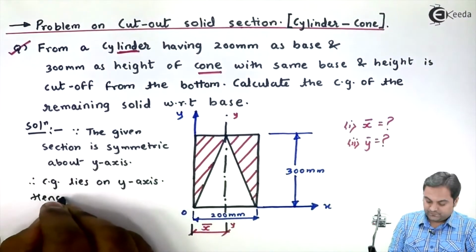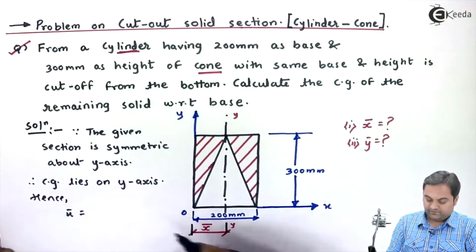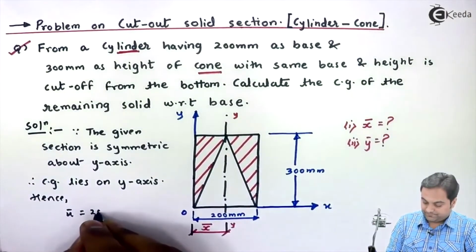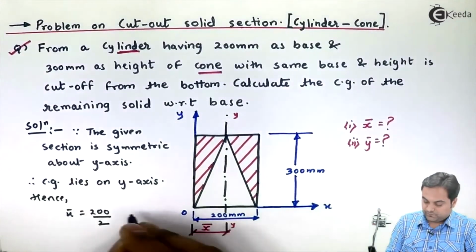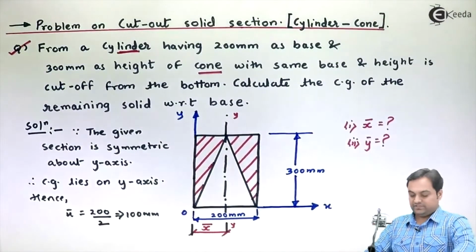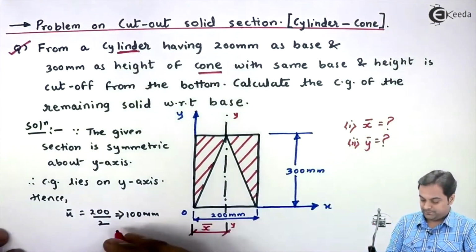Hence X bar will be equal to half of 200. So X bar is 100 mm. This is our first answer.